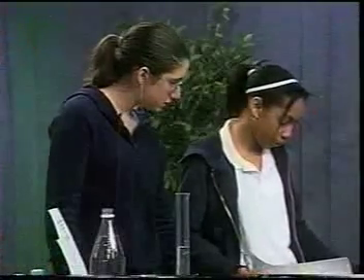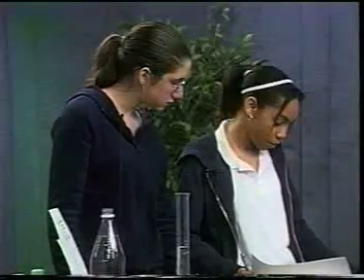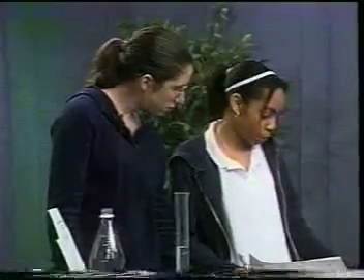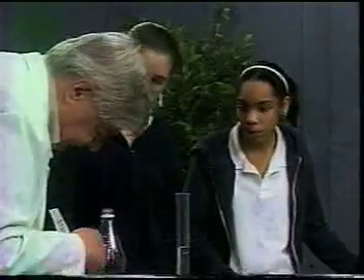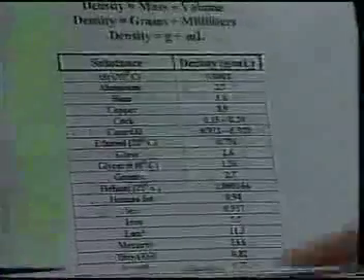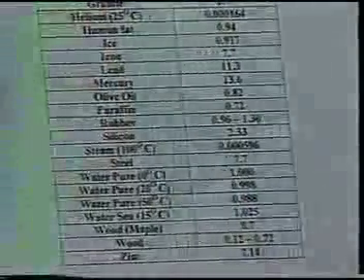All right. It was 1.53. 1.53? All right, so down here somewhere, there should be wood. Where is wood? Way down at the bottom, right? And the wood is from 0.12 to 0.72, right?